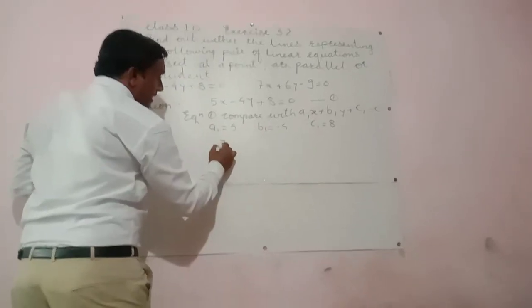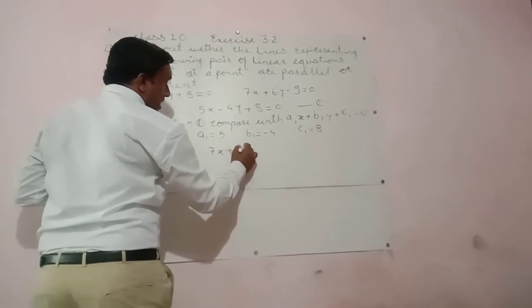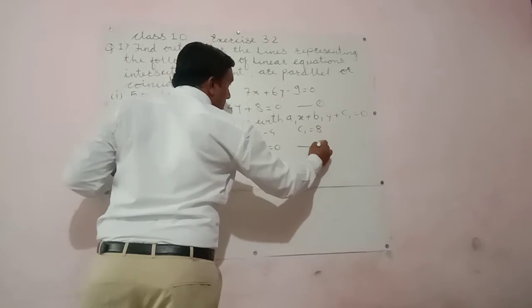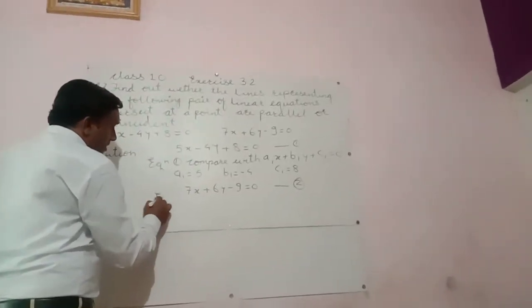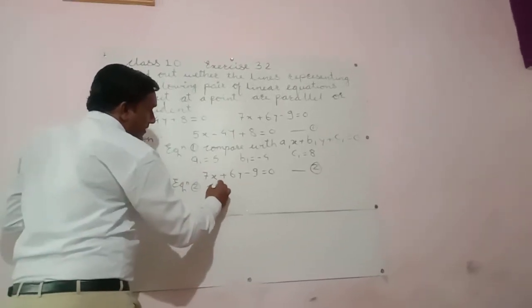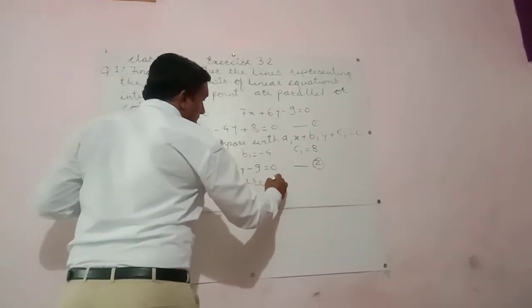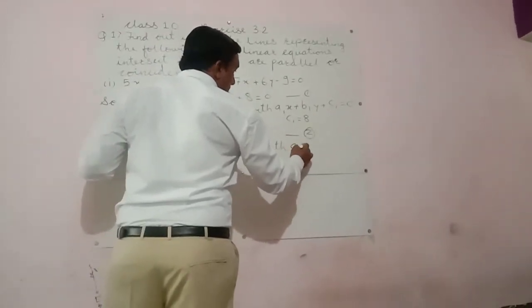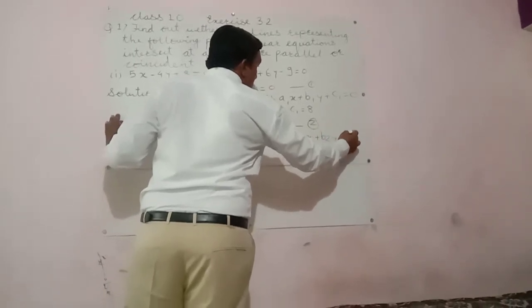Now the second equation is 7x plus 6y minus 9 equal to 0. This is our second equation. Now equation 2 compare with a2x plus b2y plus c2.